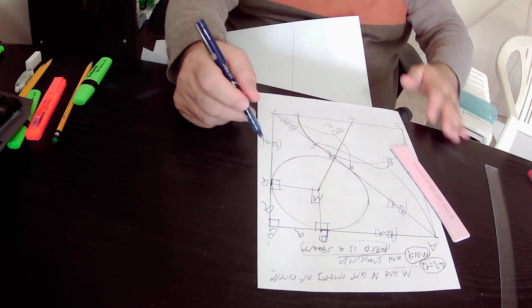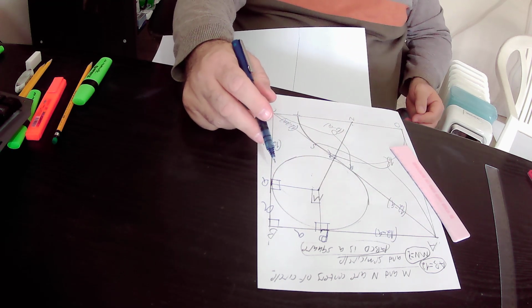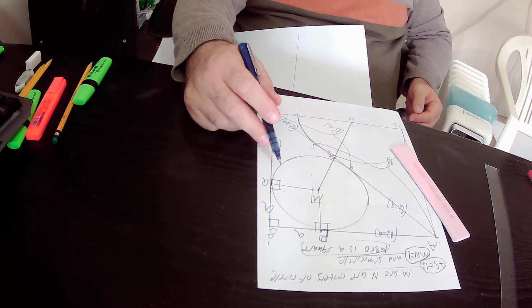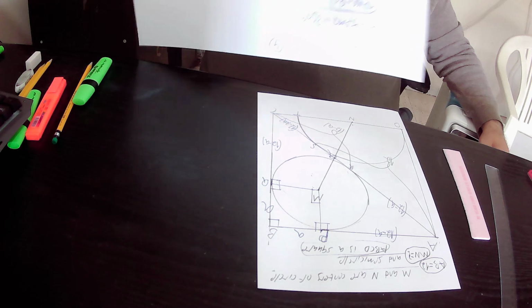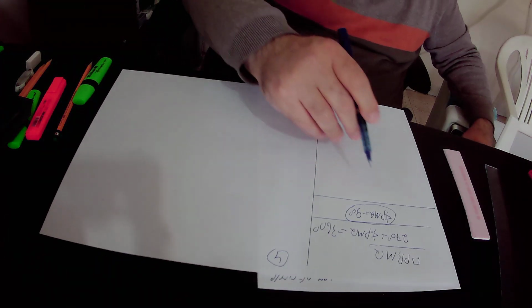So in quadrilateral PBMQ, we have 4 right angles, and any quadrilateral that has 4 right angles must be at least a rectangle.